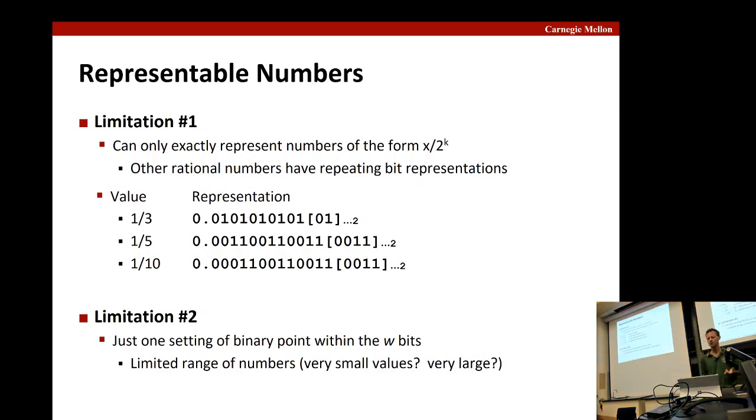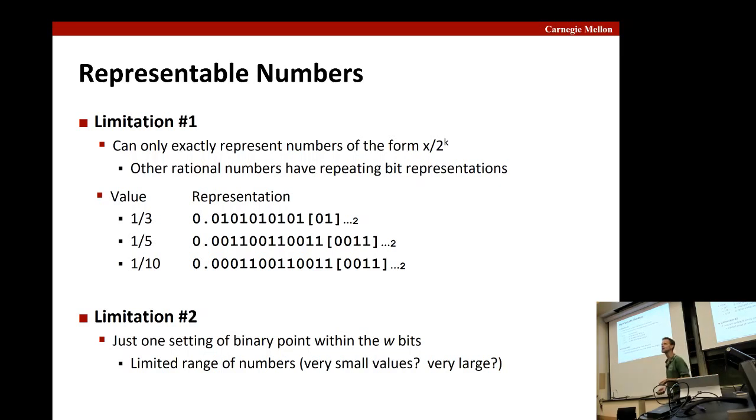And so you notice that whereas in base 10, 1/10 was represented very simply, it's just 0.1, in a fixed number of bits in base 2, 1/10 actually cannot be represented exactly. It's just a repeating sequence.